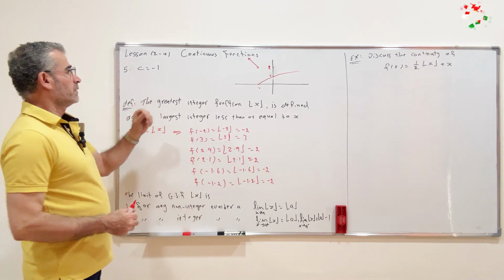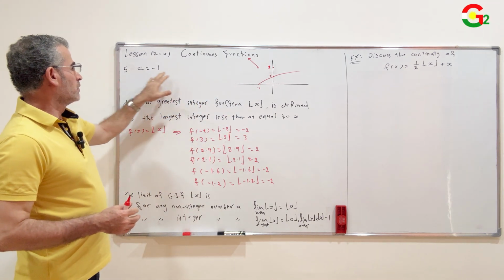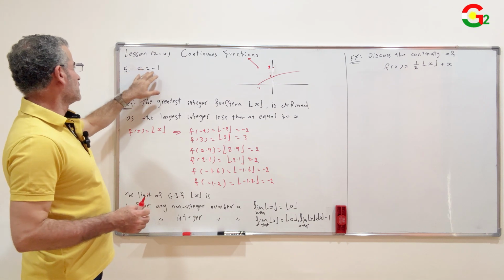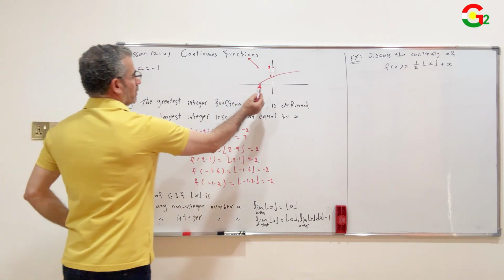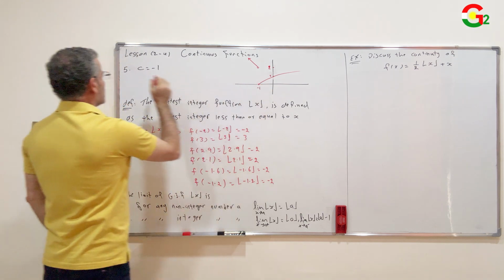Number 5, use the graph to discuss the continuity of this function when c equals negative 1. f of negative 1 is 0.